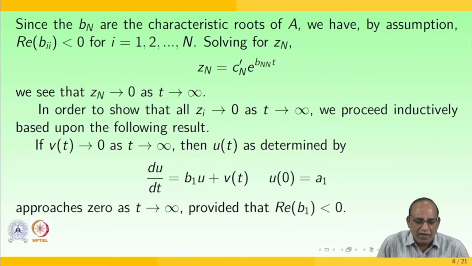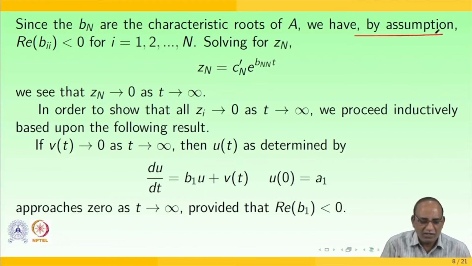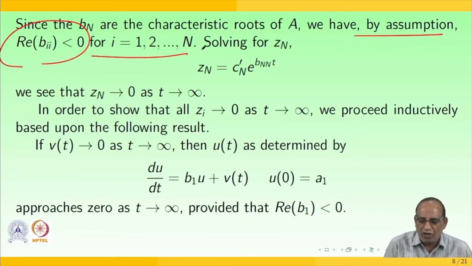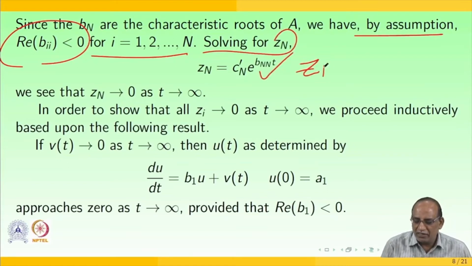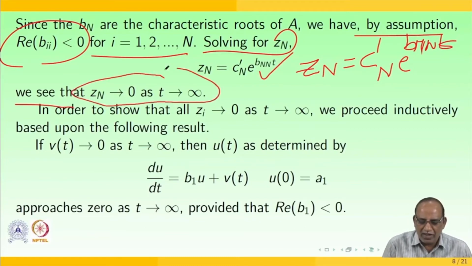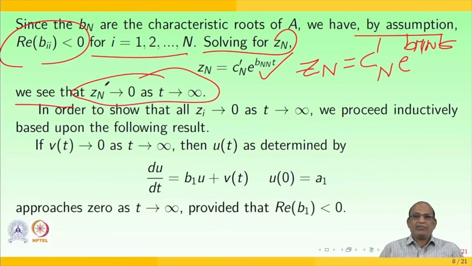Since the bii are the characteristic roots of A, we have by assumption that the real part of bii is less than 0 for i = 1 to n. Solving for zn, zn = cn prime e^(bnn t). We see that zn tends to 0 as t tends to infinity.